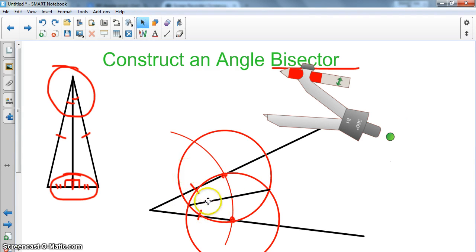But if we extend this segment, it actually goes through the vertex too, and there's our angle that gets bisected, cut into two equal angles here.